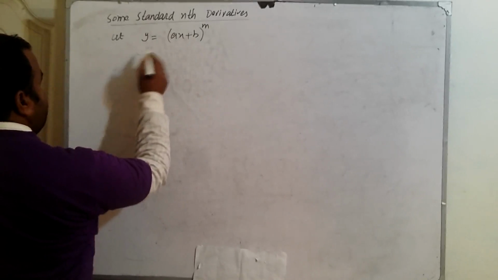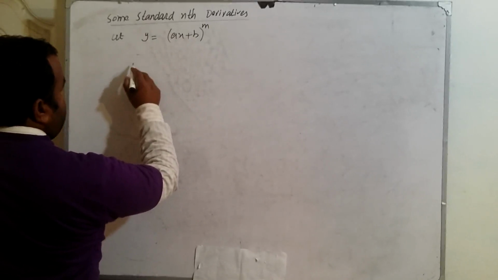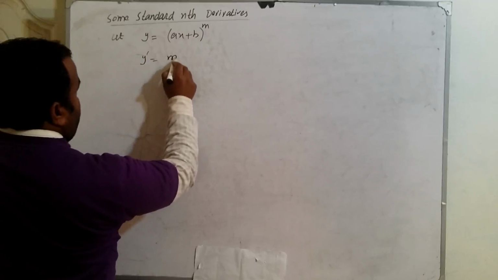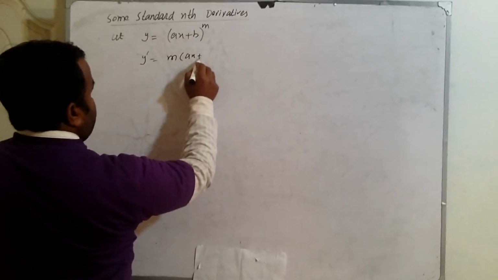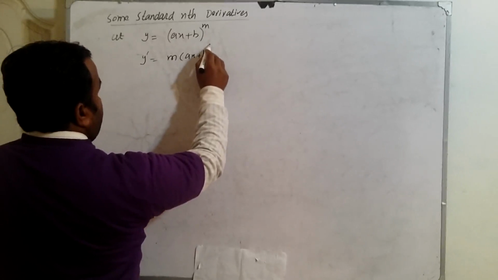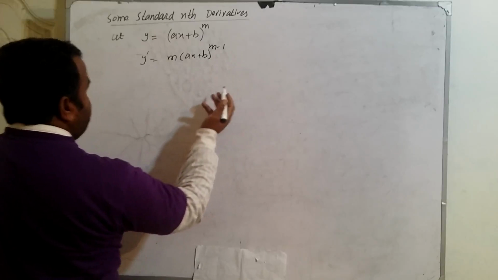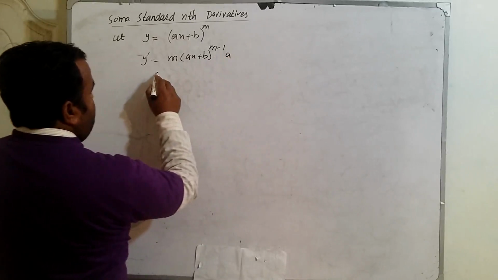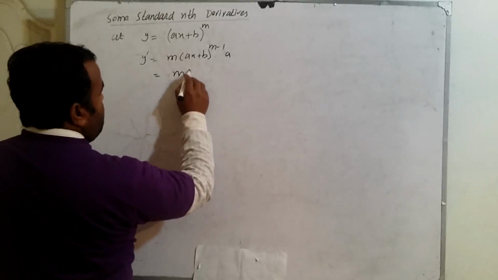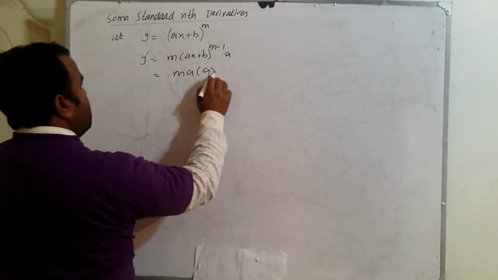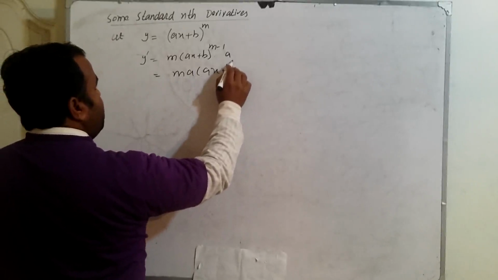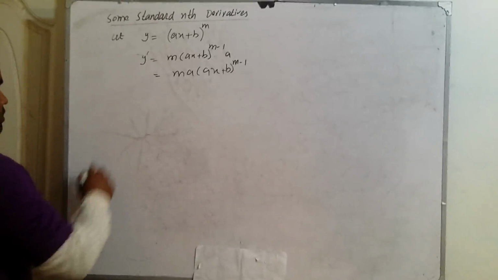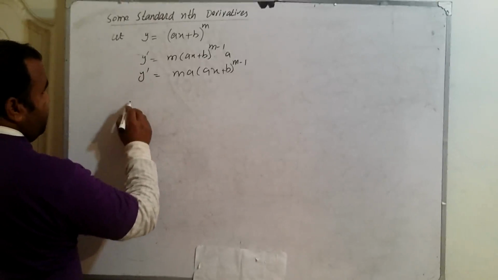Take the first derivative with respect to x: y prime is equal to m into (ax plus b) raised to the power m minus 1, and the derivative of ax plus b is a, so it is m a (ax plus b) raised to the power m minus 1. Okay, now we take the second derivative.